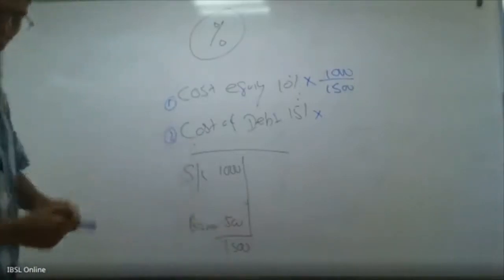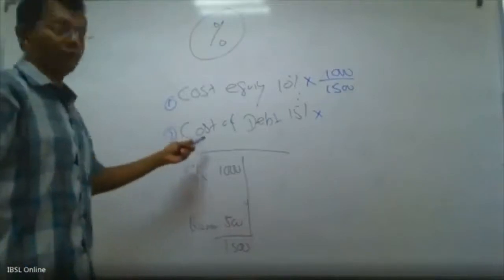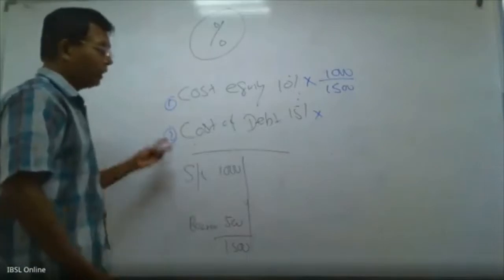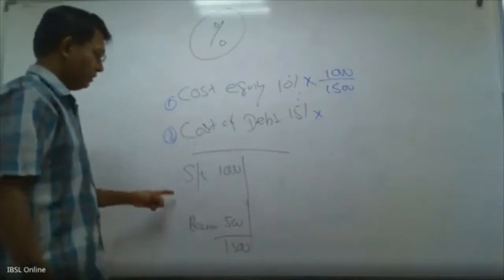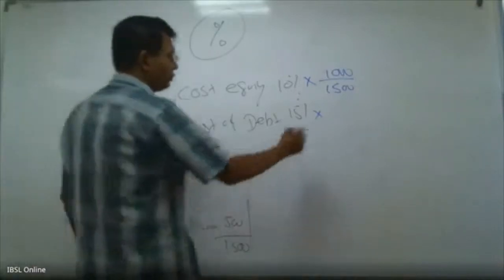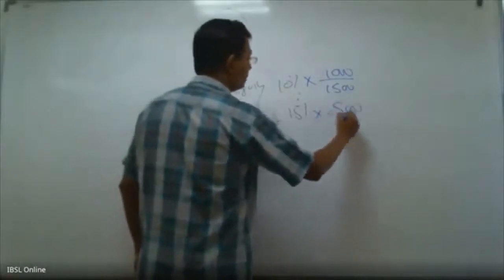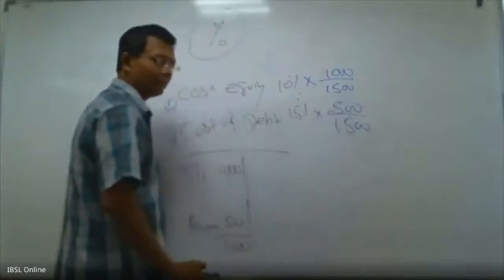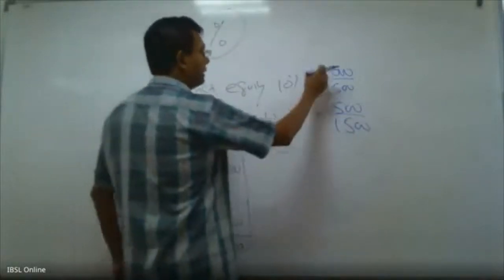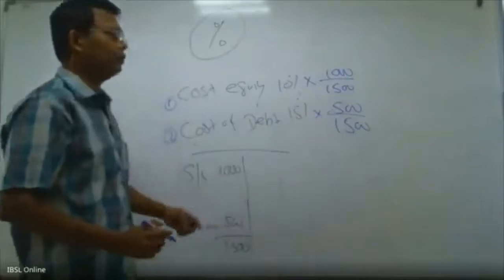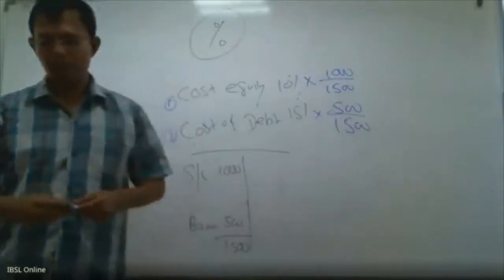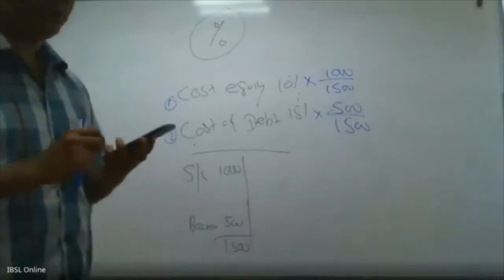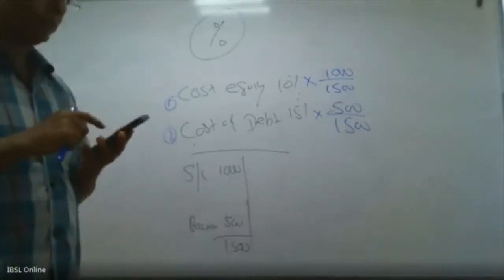So the cost of debt the examiner has calculated for you, but they are asking you to find out the one particular rate. 500 out of 1500, the total is 1500. And then you weight it. How do you do this? Like we did in the treasury bill.